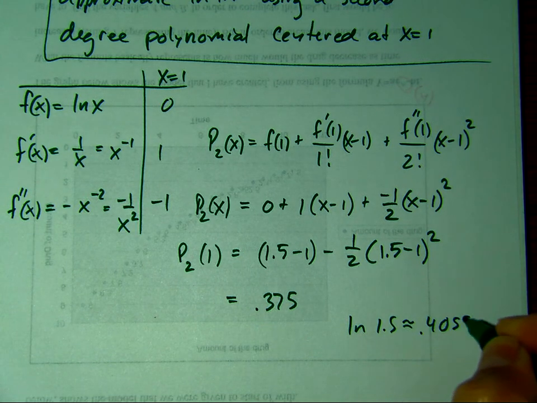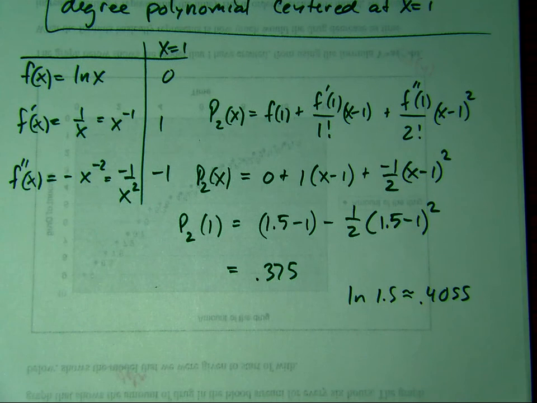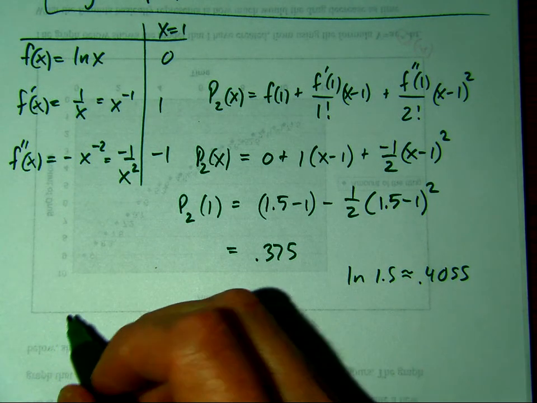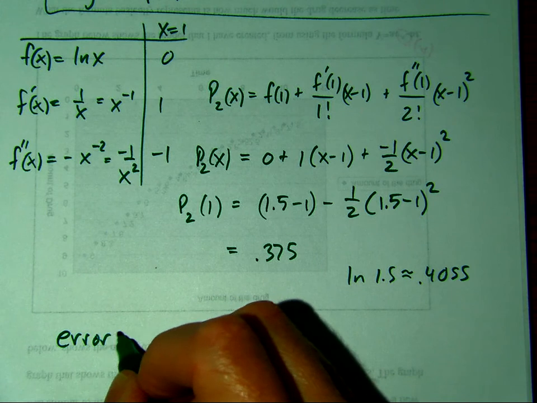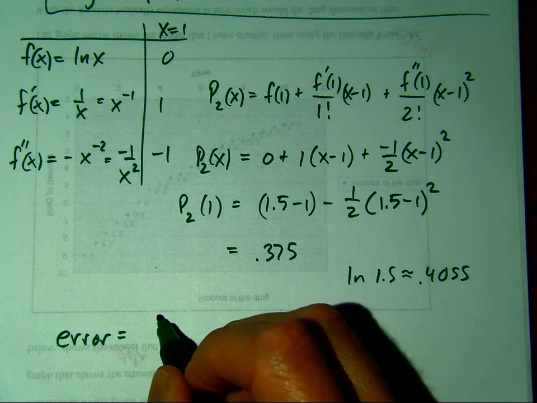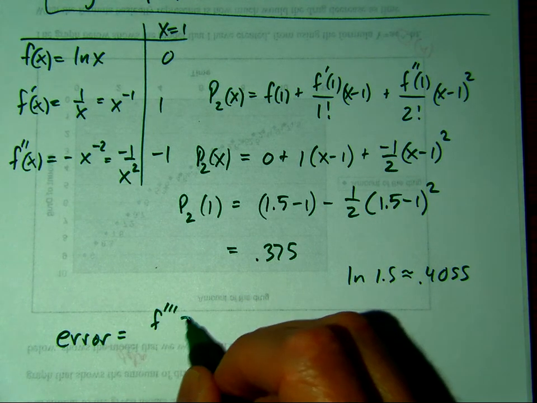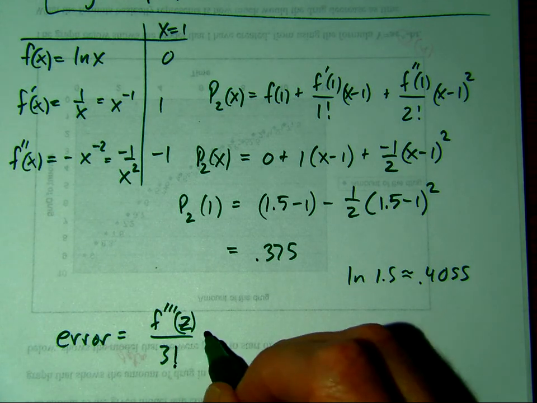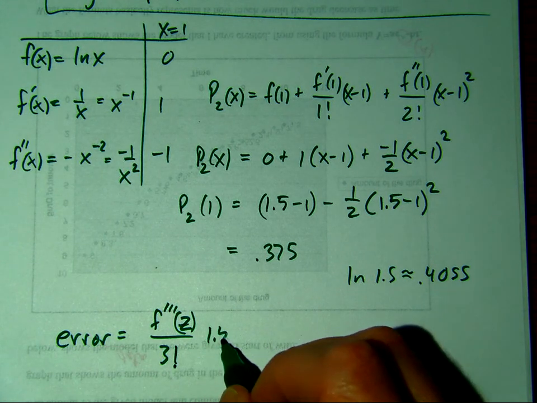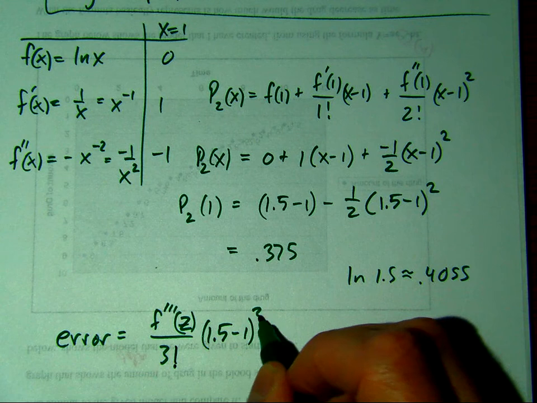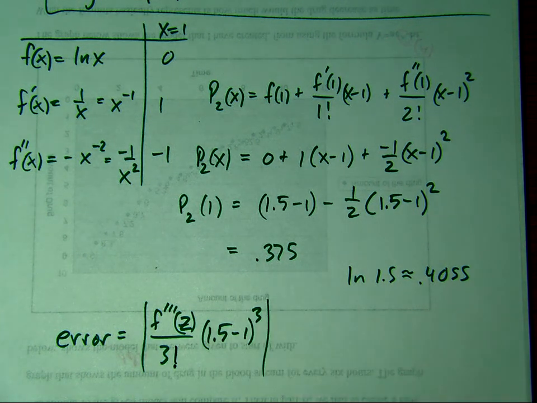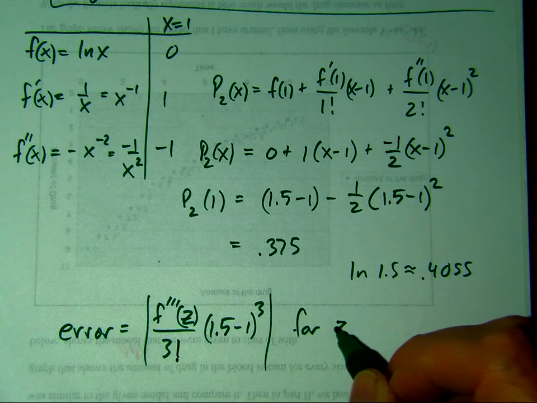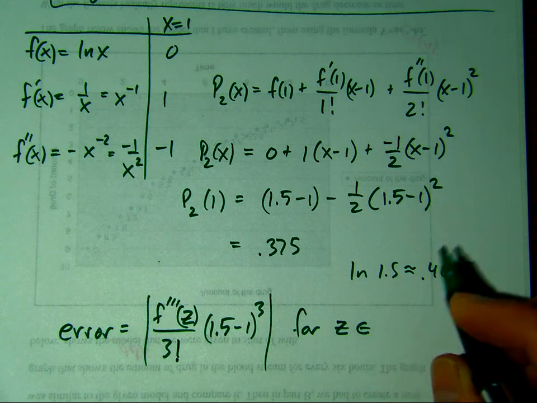So this is not as good of an approximation, and the error is equal to the absolute value of the third derivative at some z over 3 factorial times (x minus 1) to the third, for some z between 1 and 1.5.